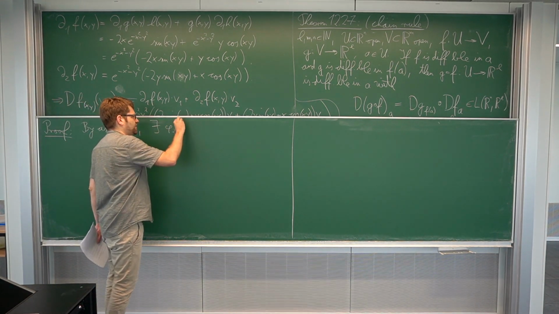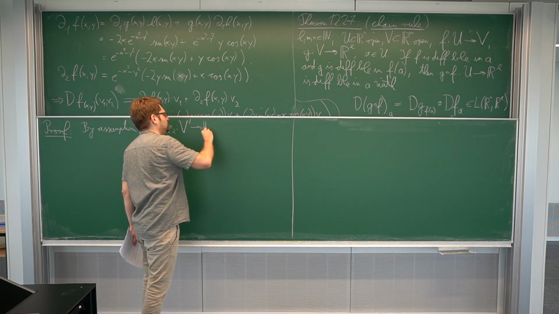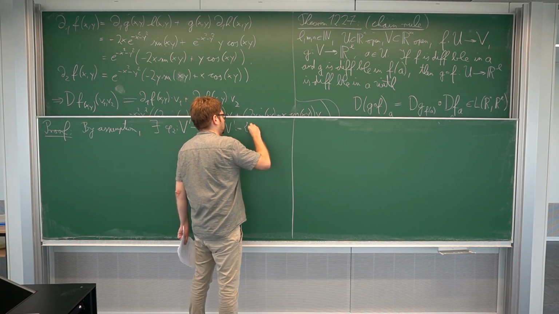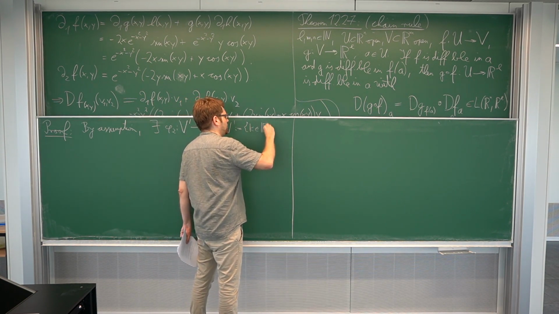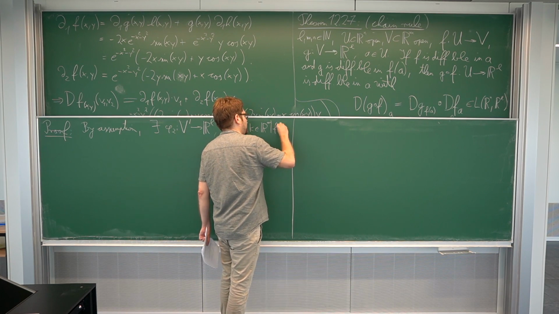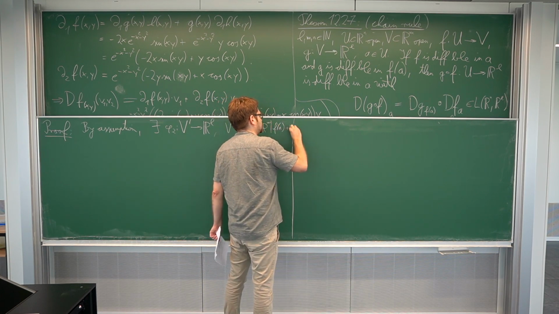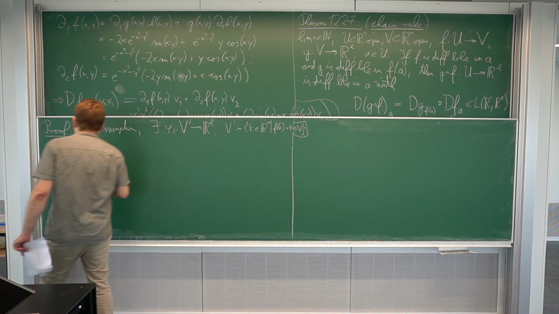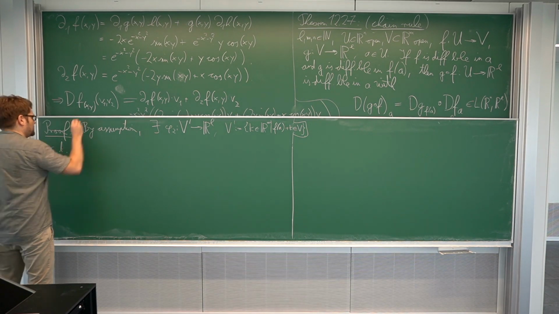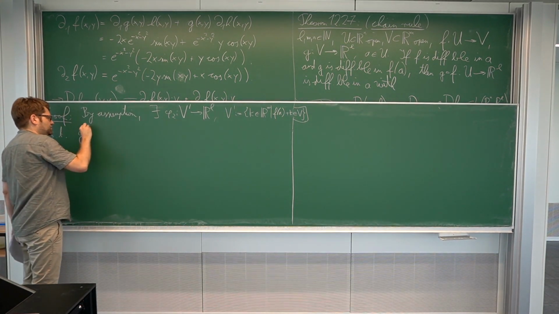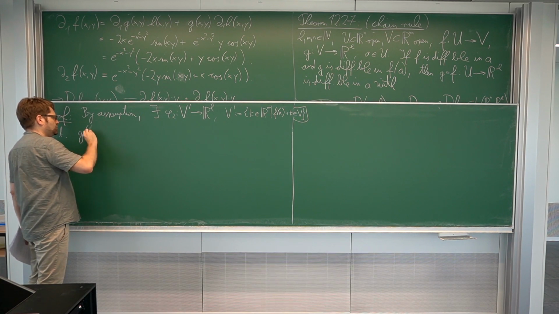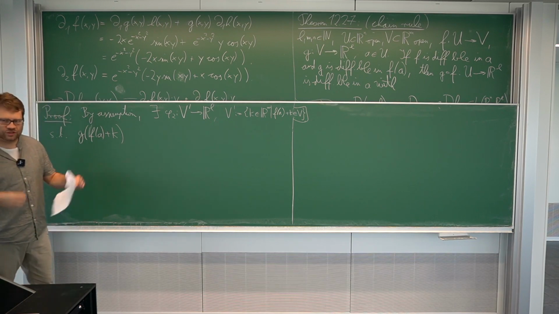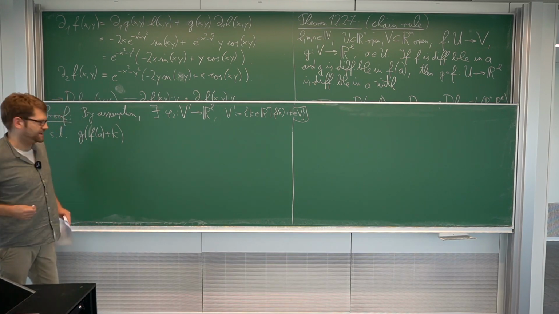There exists phi 2 from a set V prime to R^l, where V prime is the set of all, now I call them K in R^m, such that F of A, which is now our point that we consider, plus K is in V. So G is differentiable in F of A. This means we take G of the point F of A plus some K. I'm just renaming the H as K here because I will need the H below.